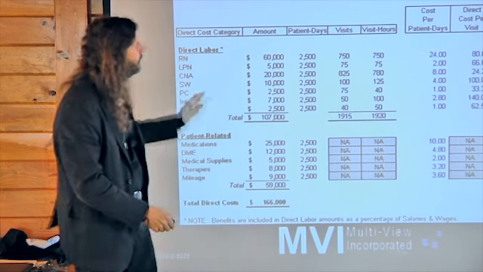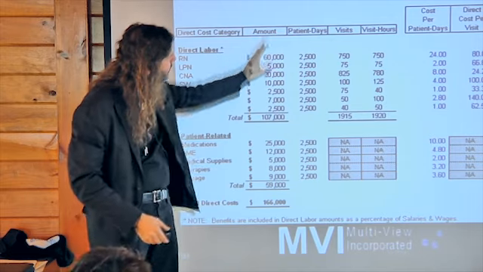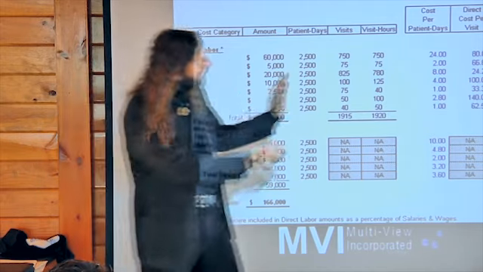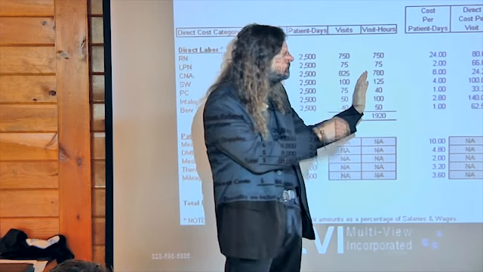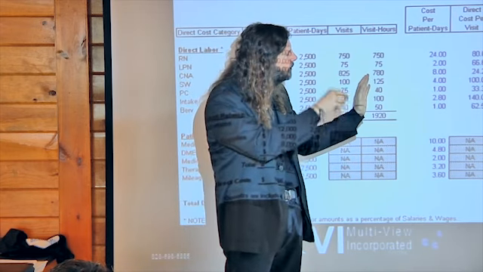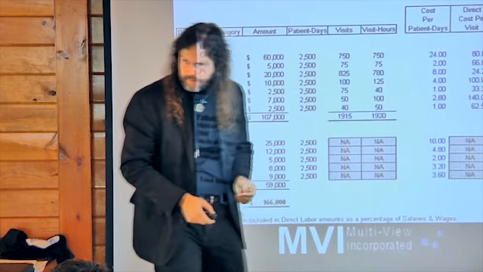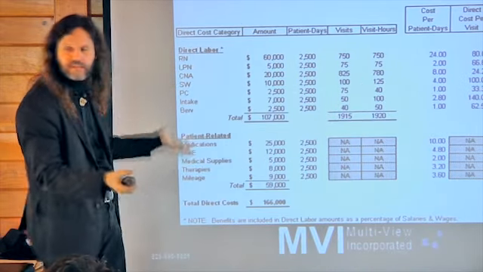So basically, we've taken these GL numbers, we've divided them by these statistical bases, and we come up with a result. There's our patient day numbers, there's our visit numbers, there's our visit hour numbers. That's pretty easy.